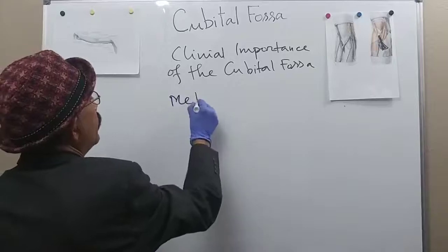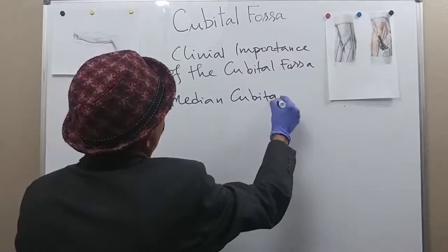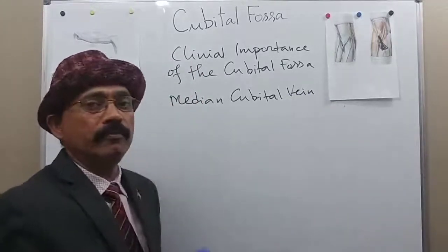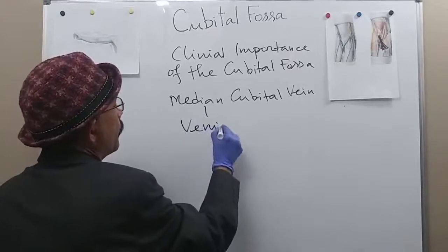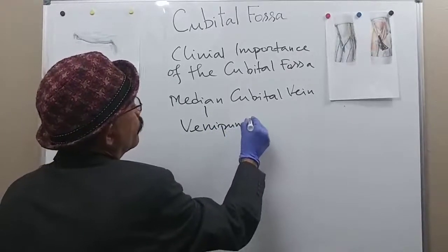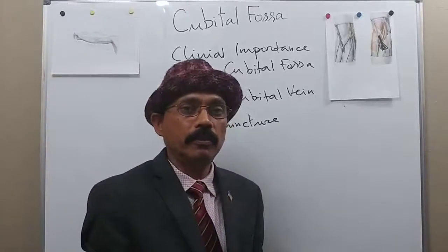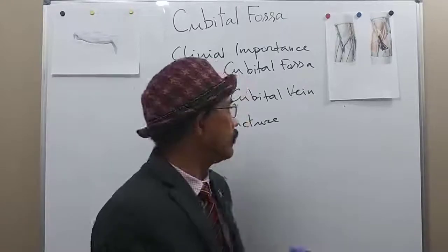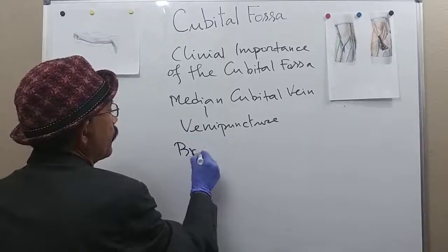So specifically median cubital vein, it is the mostly chosen vein for venipuncture for any region, for intravenous injection, to draw blood, to give blood transfusion. Okay, we have the brachial artery.